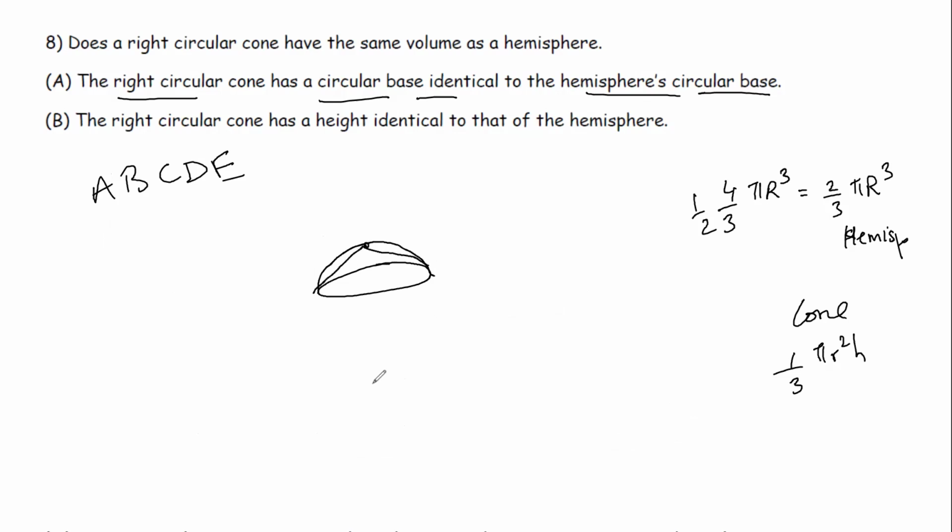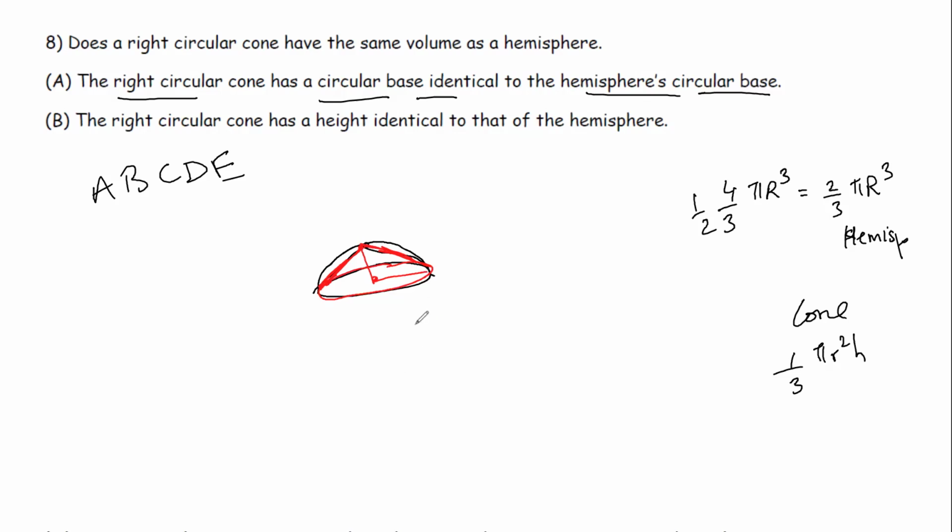Something like this. So let me use a different color for the cone. So let's say this is my cone. Having the same circular base as the hemisphere. The hemisphere is black in color and the same height, correct?